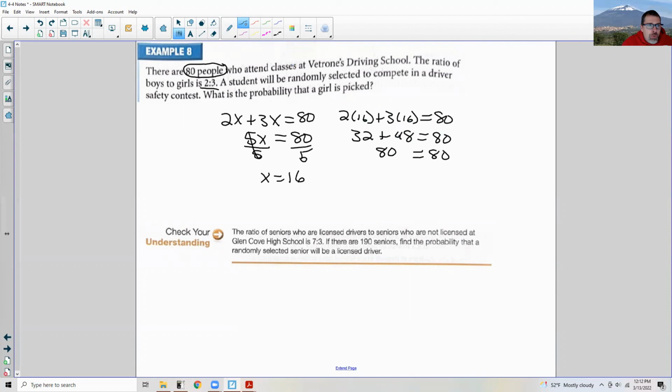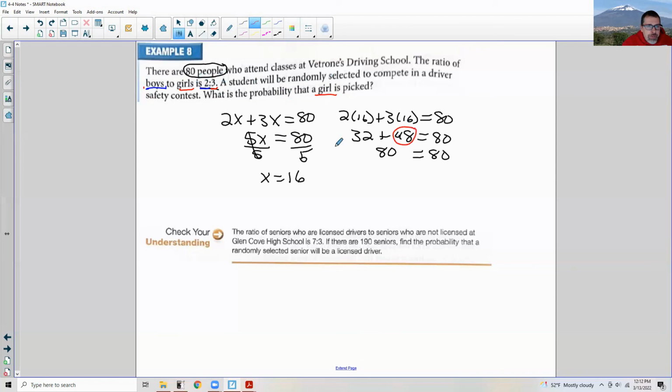Okay, so we just answered the question, and you have to be careful. It's boys to girls in that order. Okay, the colon is the word to. So boys 2, girls 3, and then what's the probability that a girl is chosen? That's our 3, and that is this number right here.